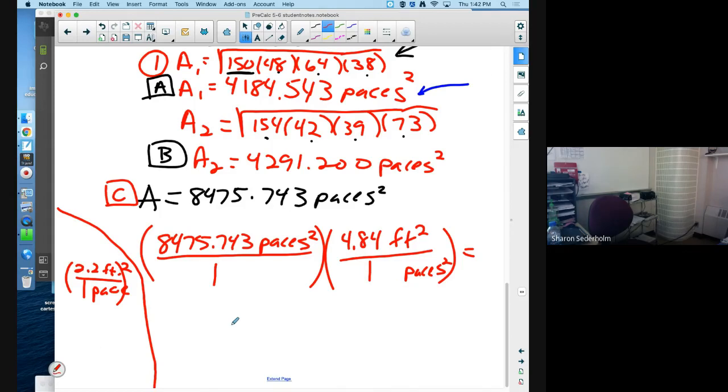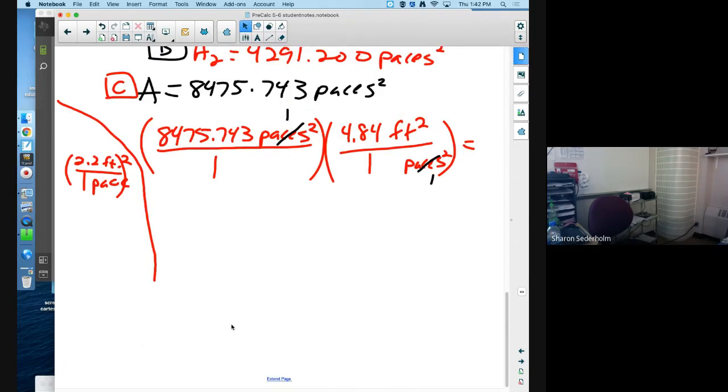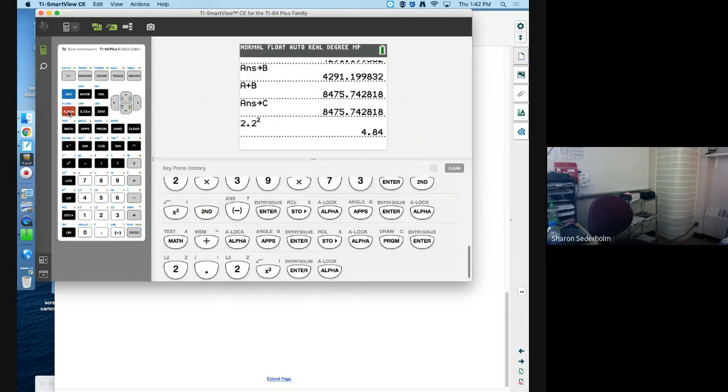Now we've got square paces times square paces in the denominator, which will cancel out. And doing the multiplication here will get us our answer in square feet. I see I already have an equals up there, but I'm going to move it down here so that it's kind of central to what we have. So I have that stored in C, and I need that times 4.84.